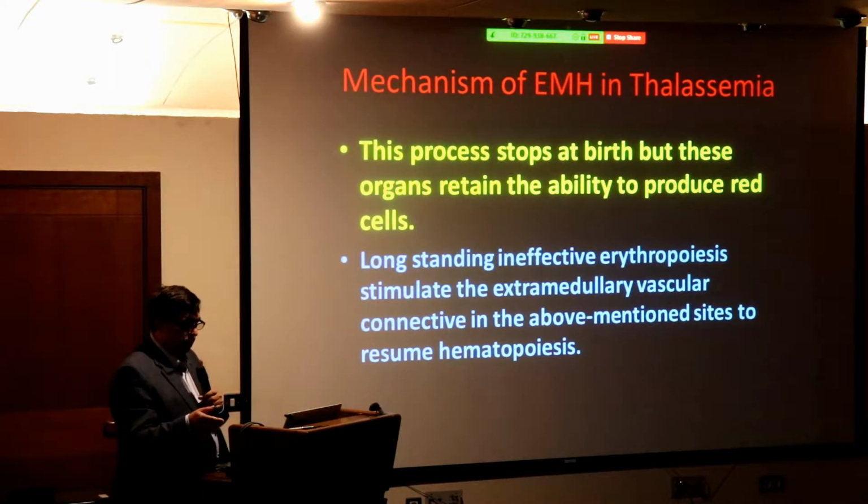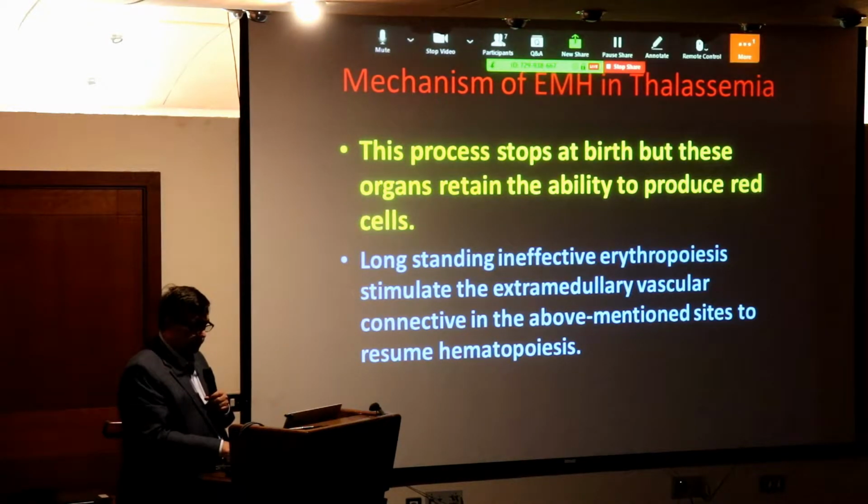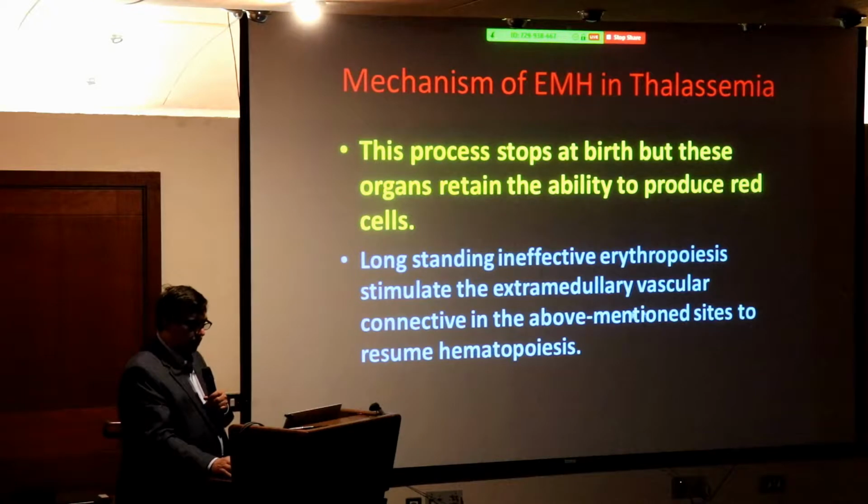If you have anemia, these reserves come back again and produce some of the blood products. So long-standing, ineffective erythropoiesis will stimulate the extramedullary vascular connective tissue in the above-mentioned sites to resume hematopoiesis, which has stopped by the time of delivery.